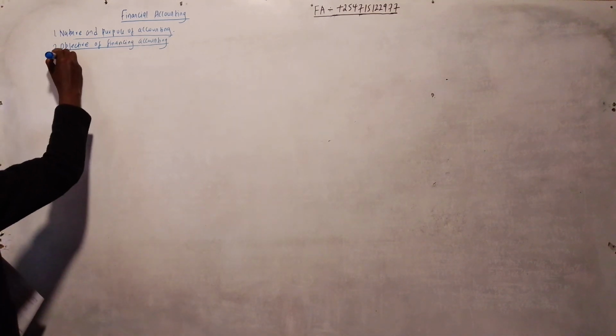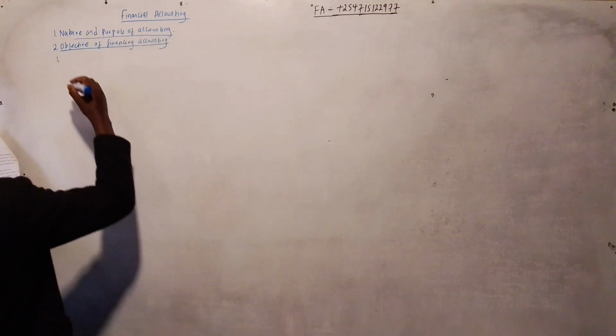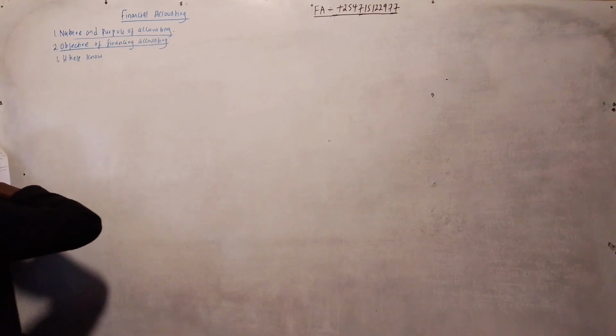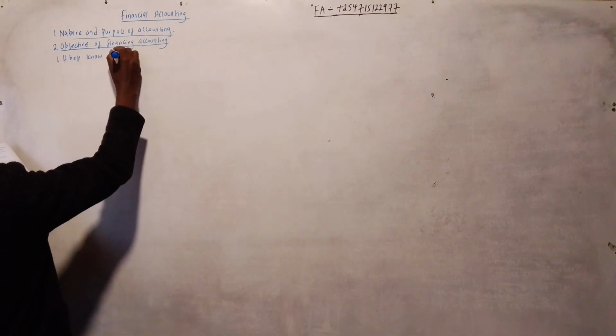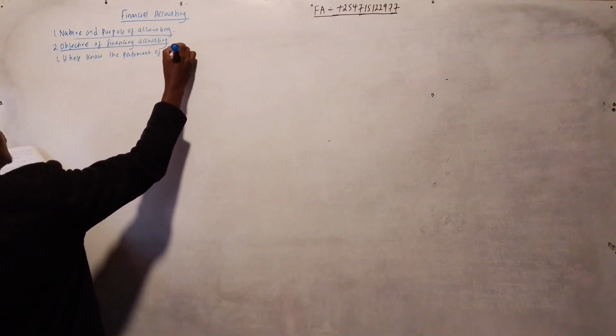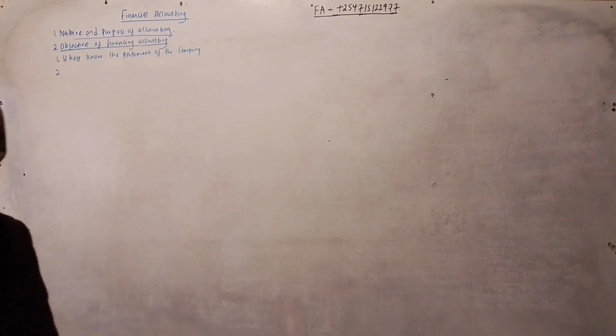Number 1, financial accounting helps to know the performance of the company. How do we know the performance of the company? We can tell the performance of the company through the income statement.